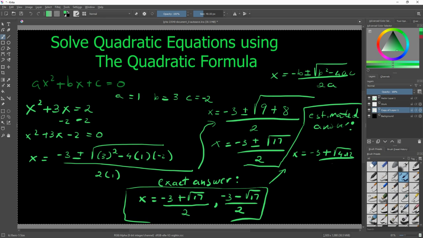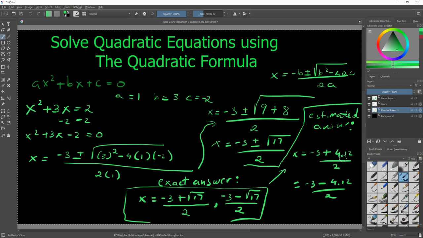Okay, so I rounded that. And x is also equal to negative 3, oh, that should be without the radical, so plus 4.12 over 2, or x is equal to negative 3 minus 4.12 over 2. So these two answers give you the estimated answer.